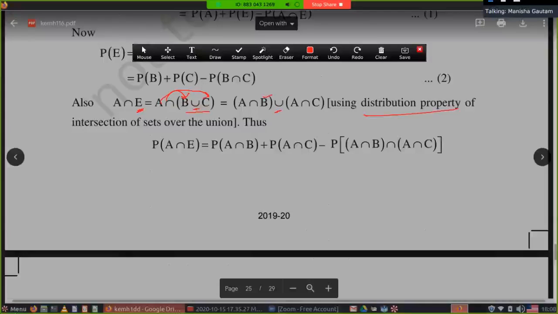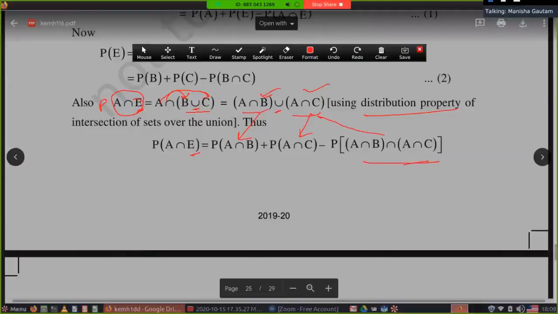Now probability of A intersection E can be written as follows. One set is this one, the second is this one: probability of first set plus probability of second set minus probability of intersection of these two sets.